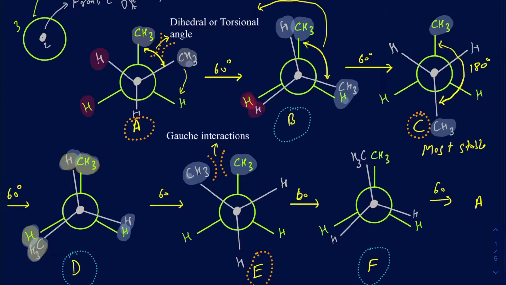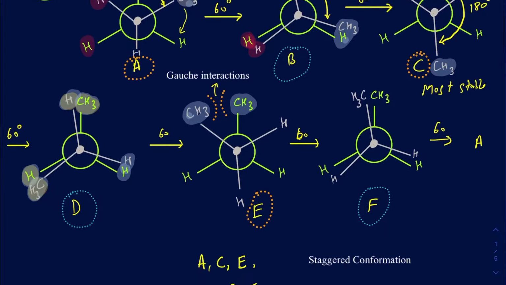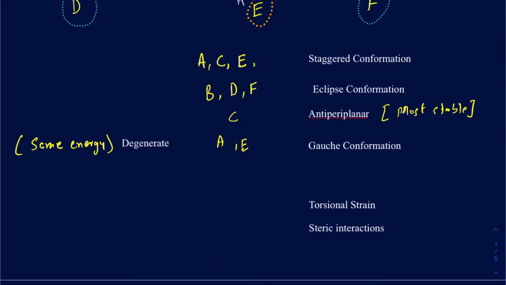So as a result, your B and D are dealing with the same type of torsional strain and the same type of steric interactions, and as a result they will have the same energy, so they're going to be degenerate among one another. So I'm going to go ahead and write down that B and D are also going to be degenerate.